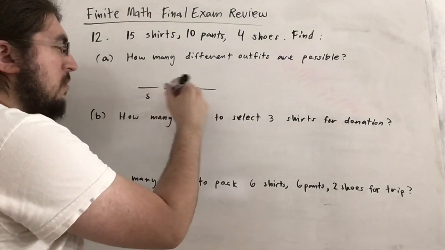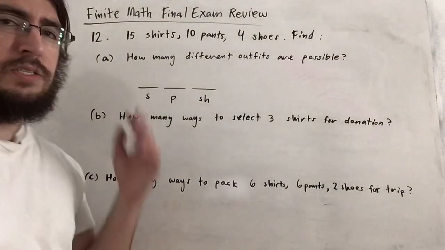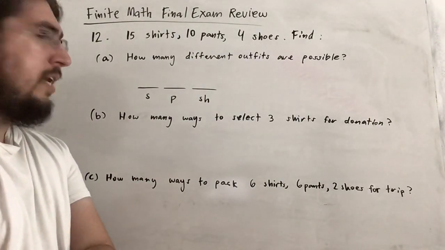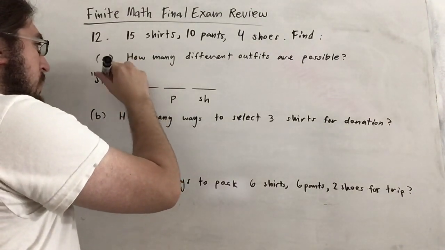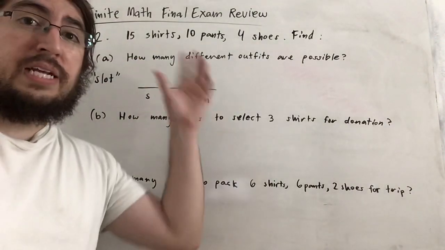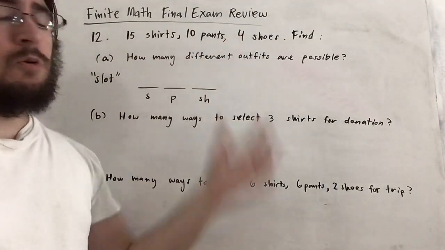So let's say SH is shoes, and S is just shirts. So what we're going to do basically here is consider the slot method. And how I know this is applicable is because we're picking one of each thing in a specific category. There's a category for shirts, category for pants, and a category for shoes.